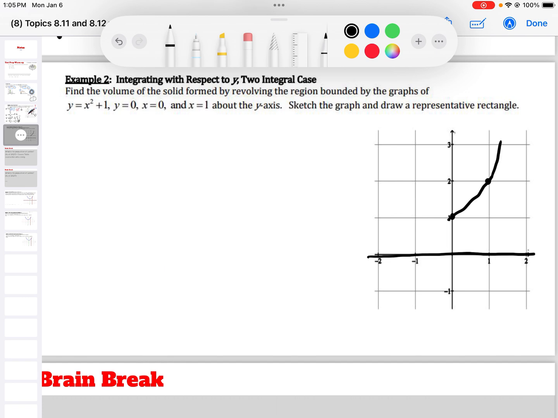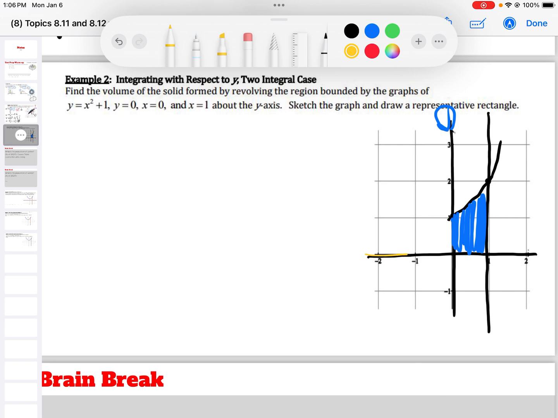Y equals 0, x equals 0, and x equals 1. The part bounded by those would be that region right there, and I'm rotating it around the y-axis, so a vertical axis of revolution.